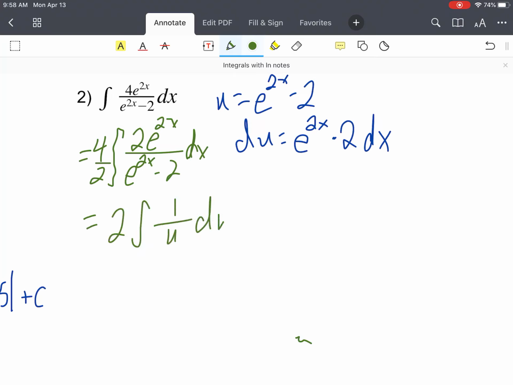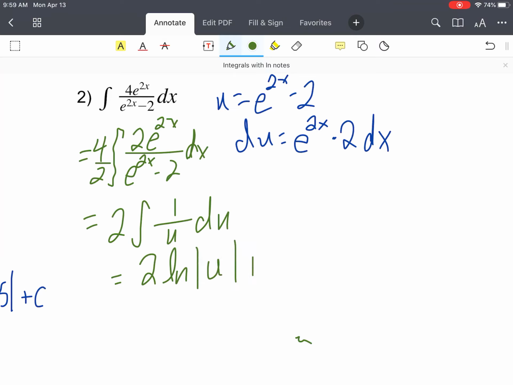All right. Now everything's fixed. So this is 2 on the integral of 1 over u du, because 2e to the 2x dx is our du, so it all goes away. And 1 du is left in its spot. And e to the 2x minus 2 equals u, so I'm substituting u in for that. Okay?